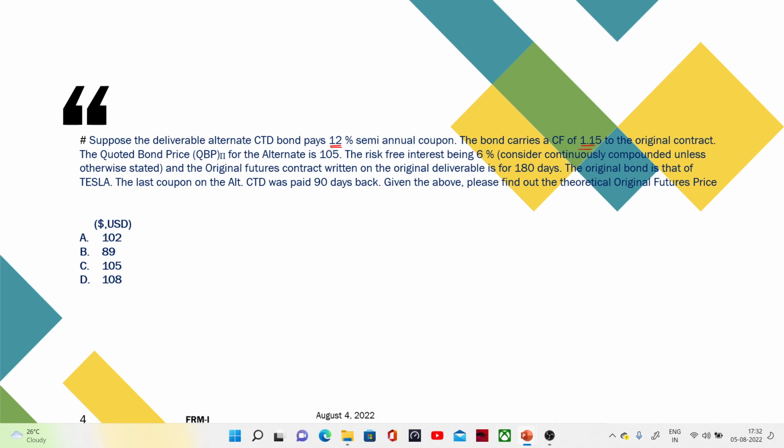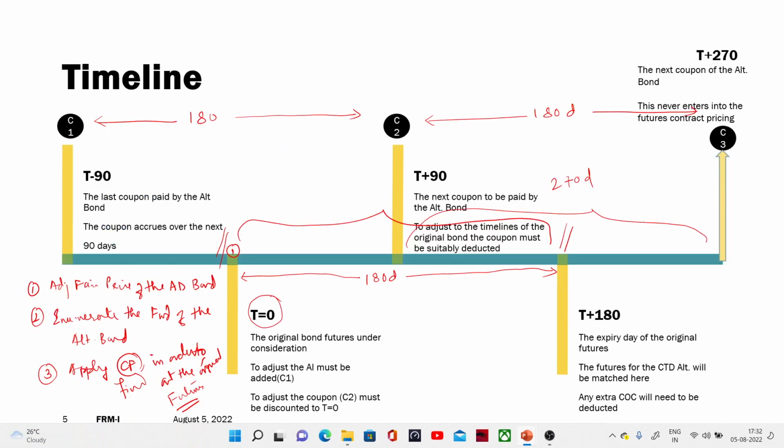The conversion factor happens to be 1.15. The quoted bond price of the alternate happens to be 105. The risk-free rate of interest is continuously compounded at 6%. It's a 180-day original futures contract. Okay. So we're just reproducing the same details out here.